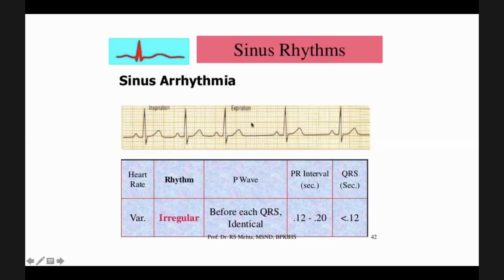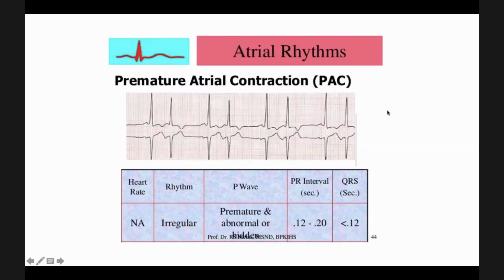You don't have to worry if you see an ECG like this. If you want to confirm it, you can ask them to repeat the ECG, usually lead 2 with a deep expiration. You can ask the technician to repeat the ECG if you are not very sure. You don't have to do anything if you see this.